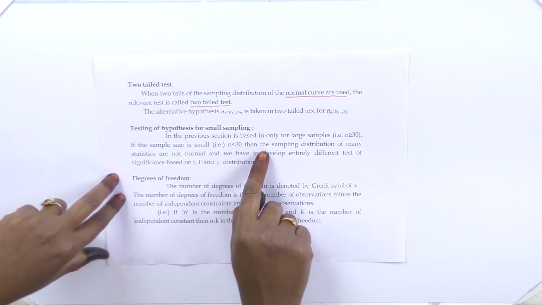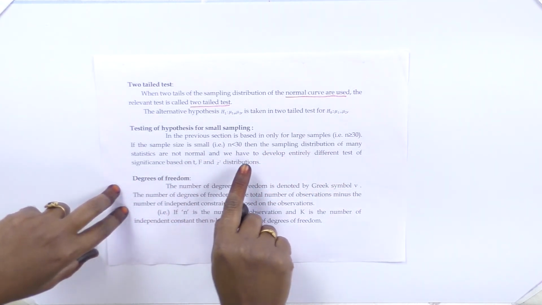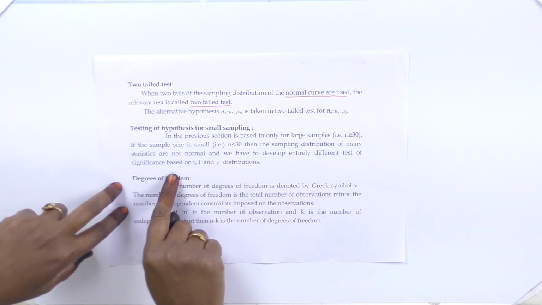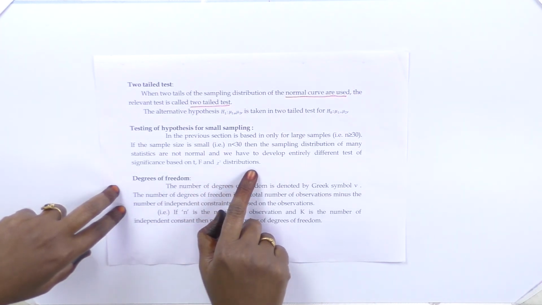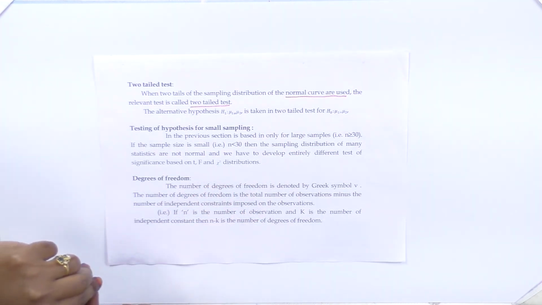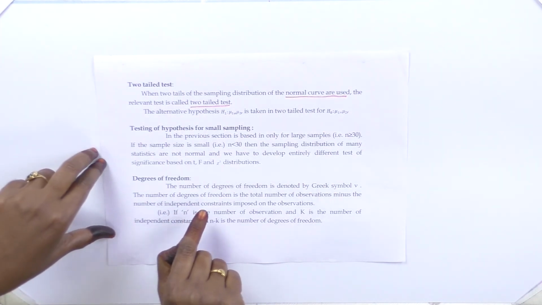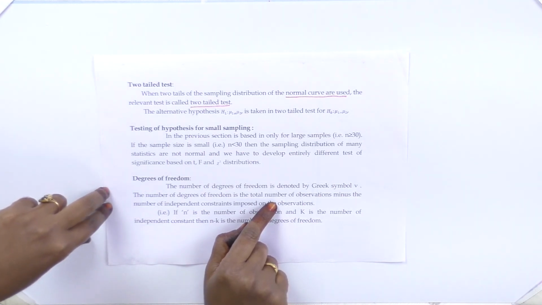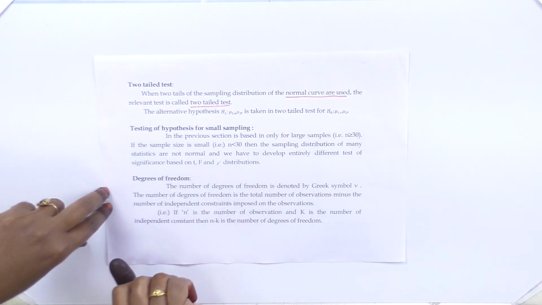If less than 30, then the sampling distribution of many statistics is not normal, so we have to develop entirely different tests of significance based on t-test, f-test and chi-square distribution. If it is a small sample, the values are not represented in a normal curve, so we use different forms: t-test, f-test, chi-square distributions.